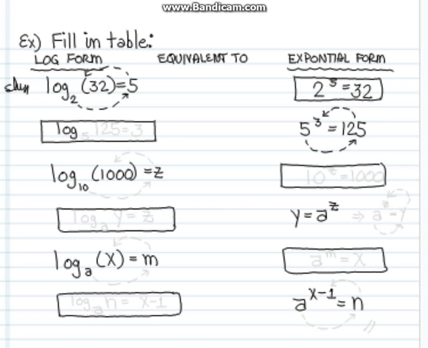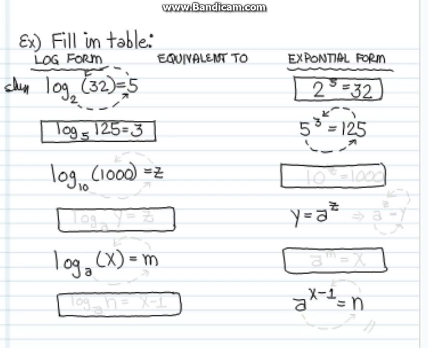Log base 5, dot, dot, dot, of the number 125, dot, dot, dot, equals the exponent 3. So we write on the left side, log base 5 of the number 125 equals the exponent 3. Now you'll notice that the base is subscripted here. Everything else is on the same line as the word log, but the base itself is written small and subscripted below the line.